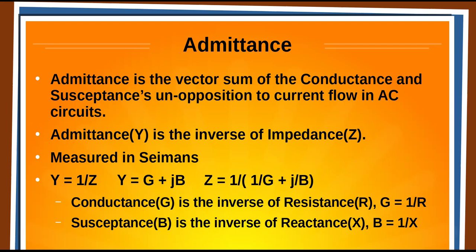And B represents susceptance, which is kind of hard to explain, but it's the inverse of reactance. And remember that G is used to represent conductance, B for susceptance, and Y for admittance.